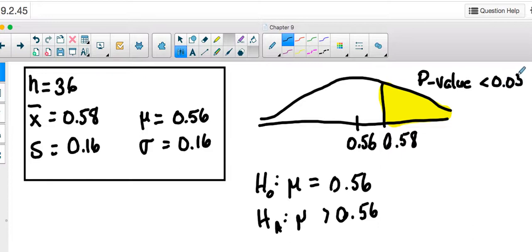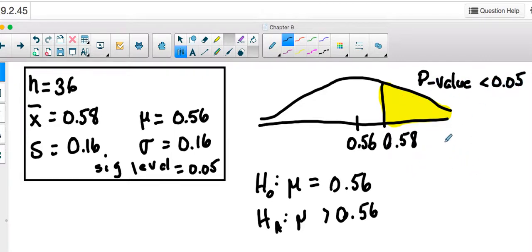That's our significance level. Our significance level is 0.05. Another way of saying it is, this is the area under the curve. Is it less than that?